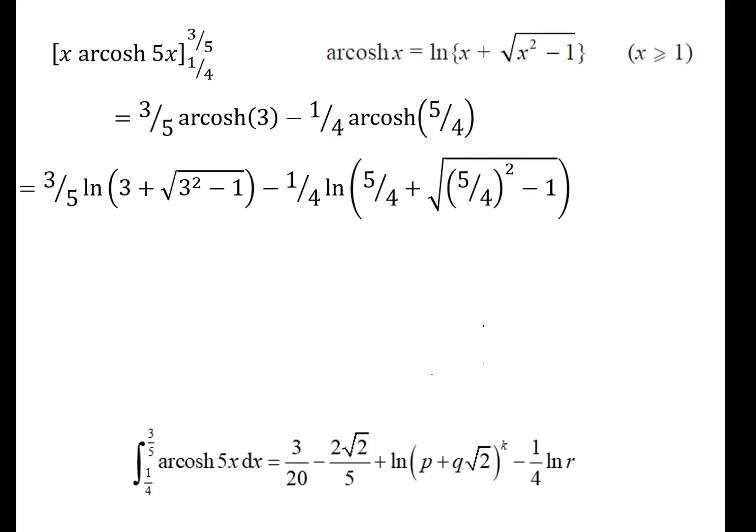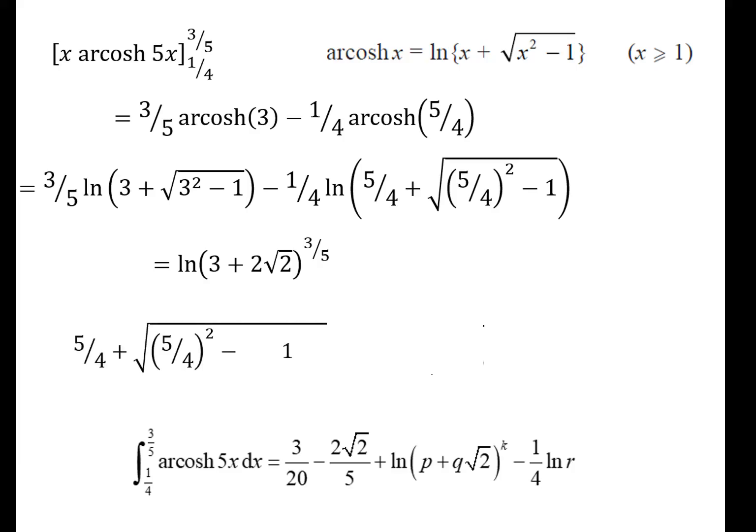And then we're putting a quarter in. It looks like that. The first bit, we'll see the 3/5 up the top. I don't know why on earth they didn't leave the 3/5 in front of the ln, but for us to be annoying, I suppose. And then the other bit, well, I need to work out 5 quarters plus the square root of 5 quarters squared minus 1.